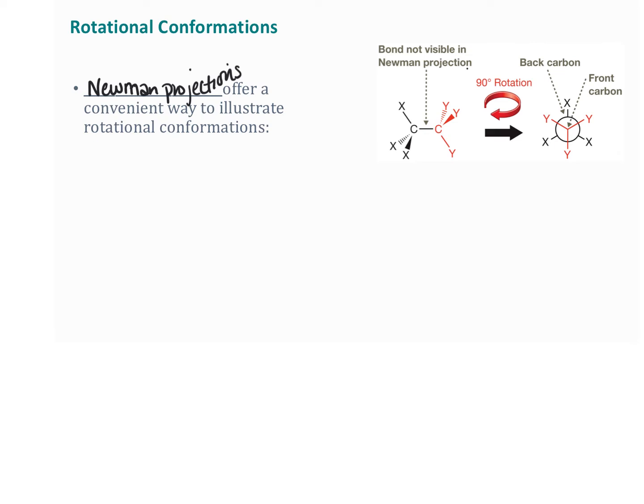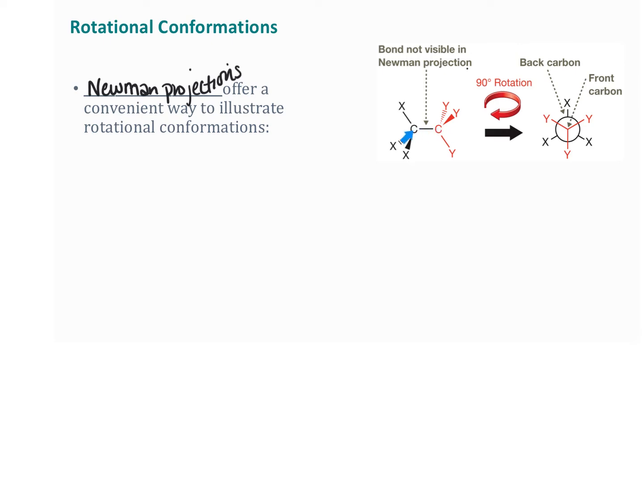Look at how this is color-coded. This is red and this is black. This dot here in the middle corresponds to this carbon, and this big circle in the back corresponds to the carbon shown here in black. So the dot here in red is this carbon, and the large circle in back that's shown in black is that carbon right there.